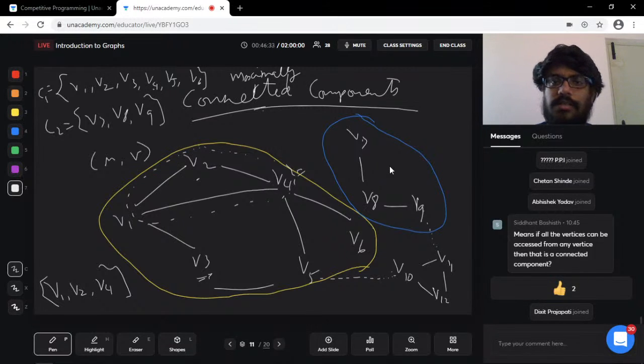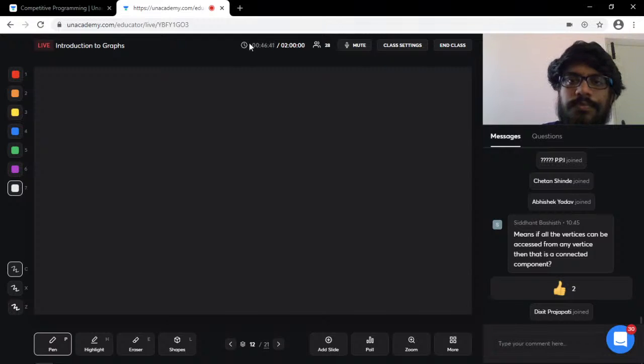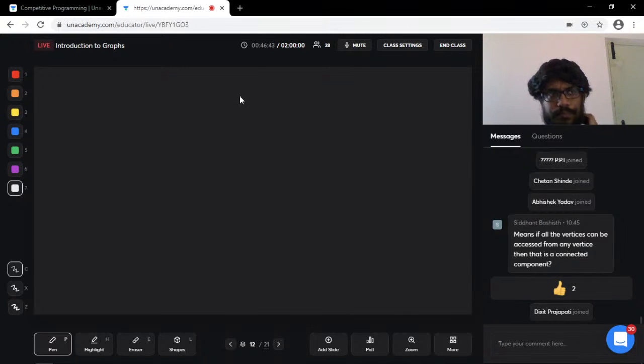Cool. So that is the concept of connected graphs. Now let's talk about some special kinds of graphs. And before that, we look at one particular feature of a graph, you could say.